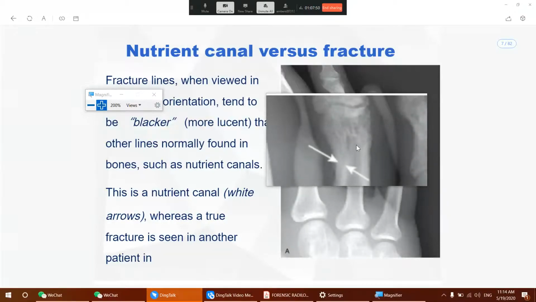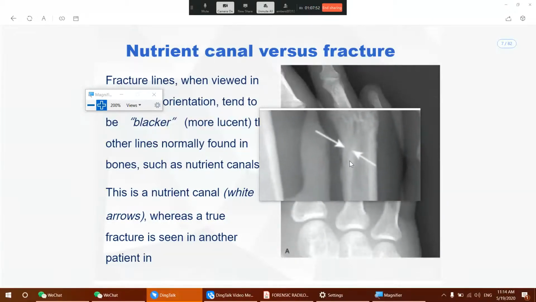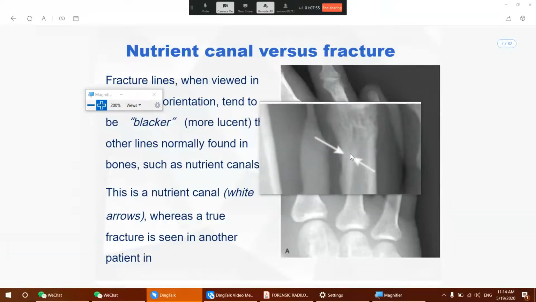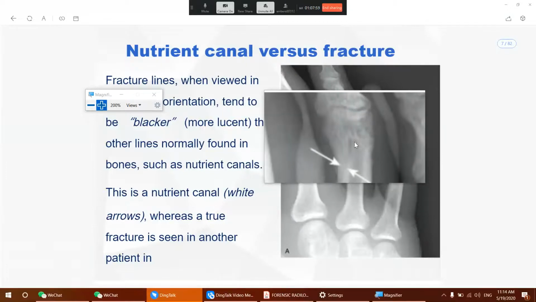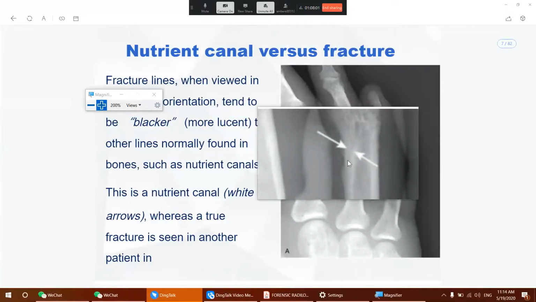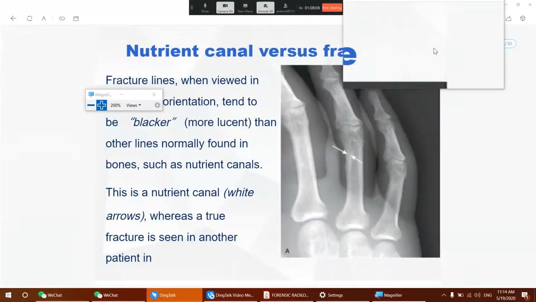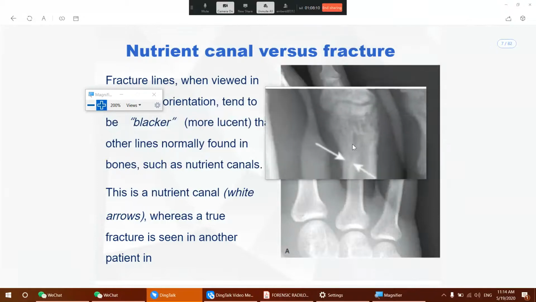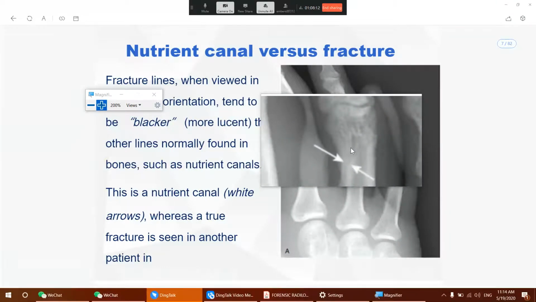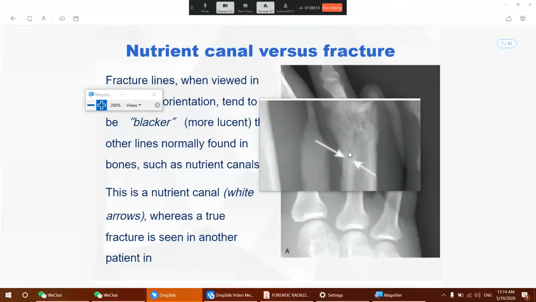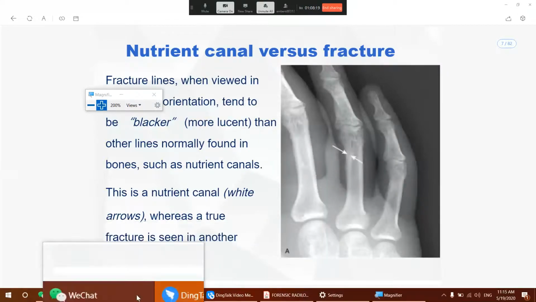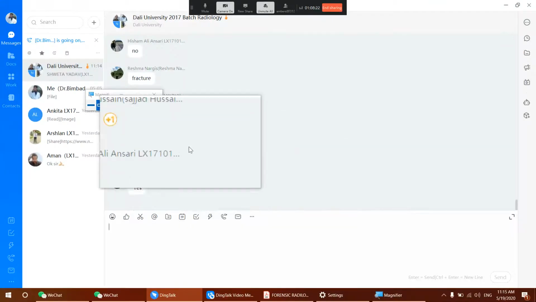There is a radiolucent line extending from the center of the bone to the cortex, or from the cortex to the center of the bone, along the distal end of, let us say, the fourth metatarsal, metacarpal. So is this a fracture or is this a nutrient canal? Is this a fracture or a nutrient canal?